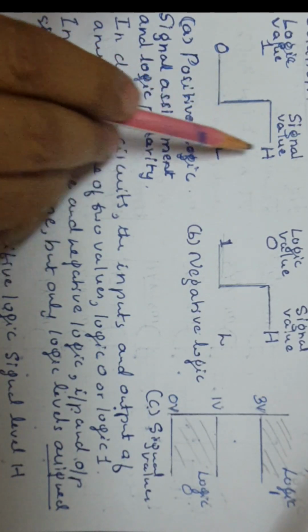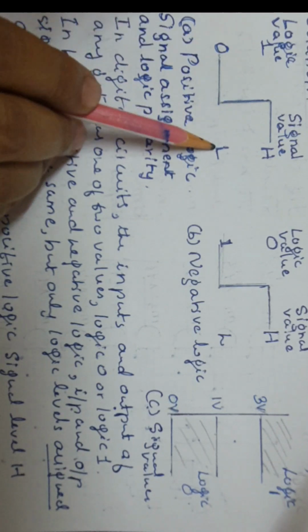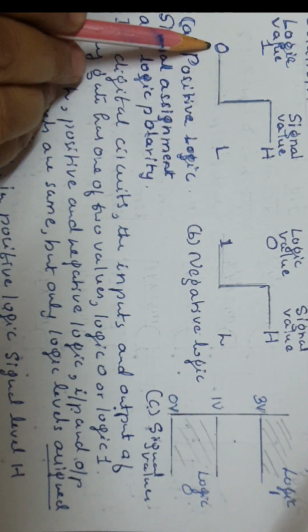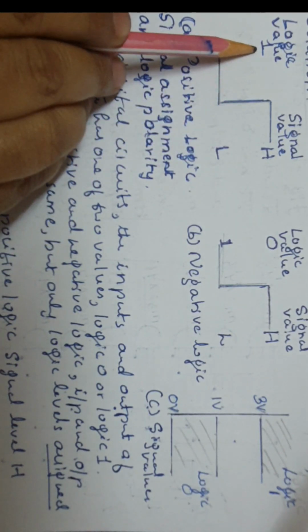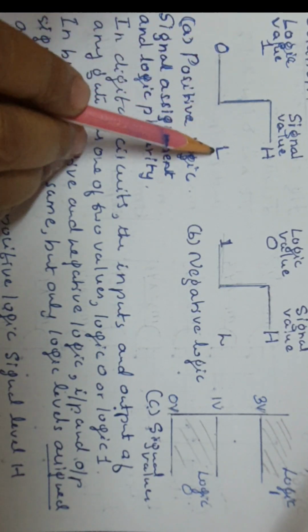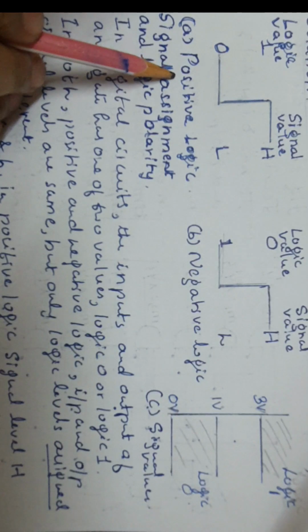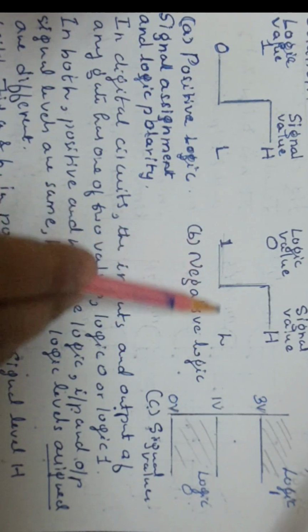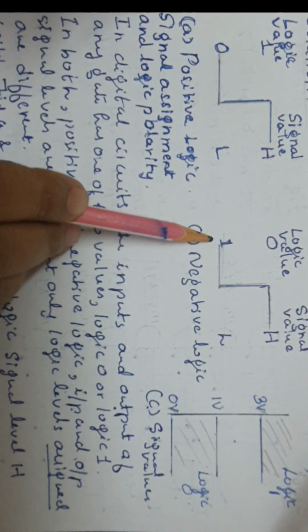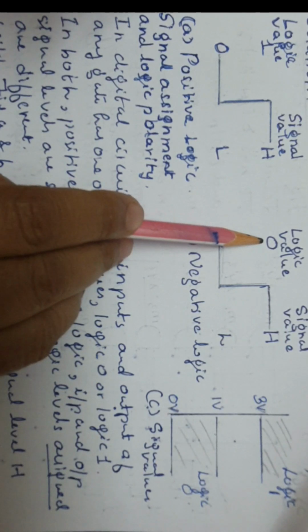Here the signal level L is assigned logic 0. So the low level of voltage is assigned logic 0, and the high level of voltage is assigned logic 1. So logic 0 for low level voltage, logic 1 for high level voltage, that is in positive logic. But in negative logic, low level voltage is assigned logic 1 and high level voltage is assigned logic 0.